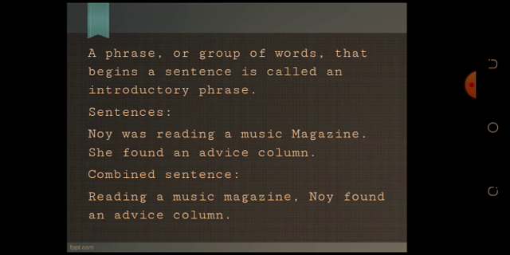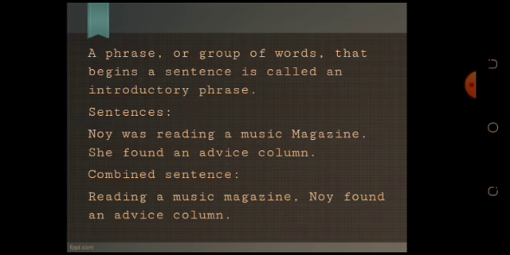What I mean to say is that there must be two or more words to make it a phrase. Pardon me for saying one or more words. There must be two words to make it a phrase. That is why it's called an introductory phrase. A phrase is made up of two or more words.